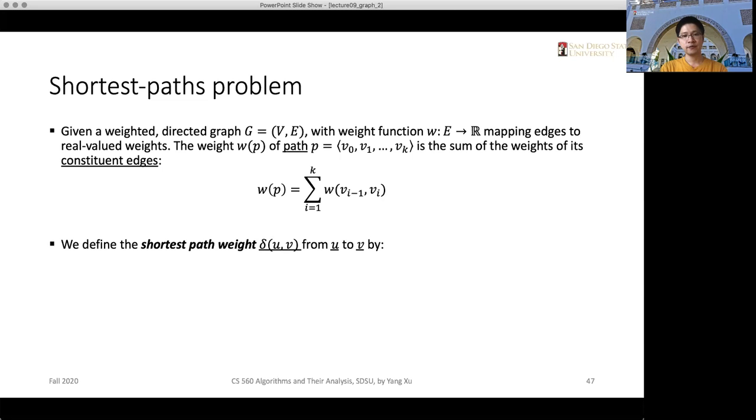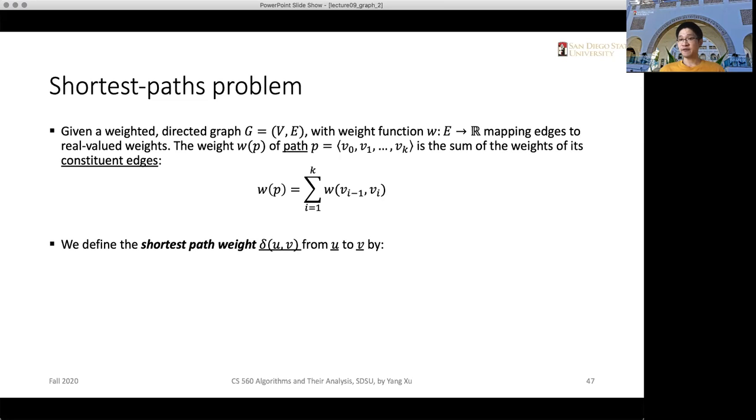Okay, and then we will define another notation using the Greek letter delta. The delta between two vertices from U to V, we use delta(U, V) to define the shortest path weight.